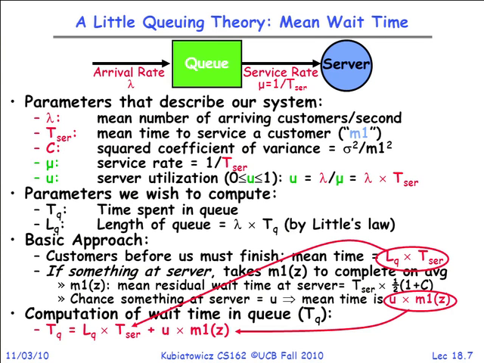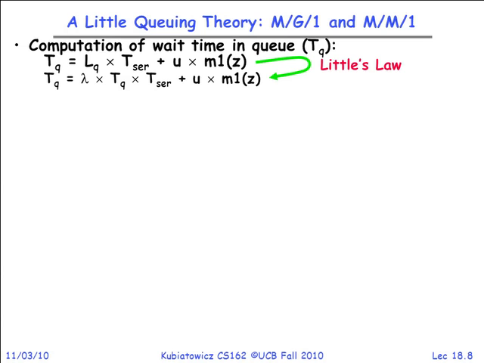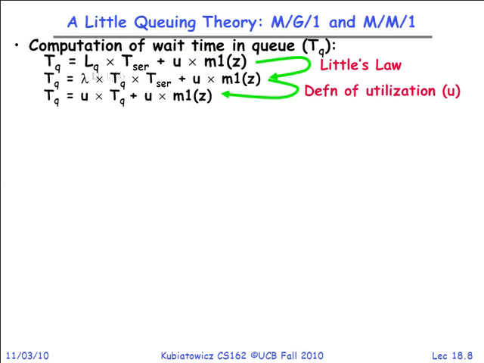Okay, good. Now, let's just rearrange here. So here's our equation from the previous case. We do Little's law, which says that what? It says the length of the queue is lambda times TQ, so that's my substitution. And now we used utilization is basically lambda times T sir, so lambda times T sir is U. So now we got utilization times TQ plus utilization times M1Z.